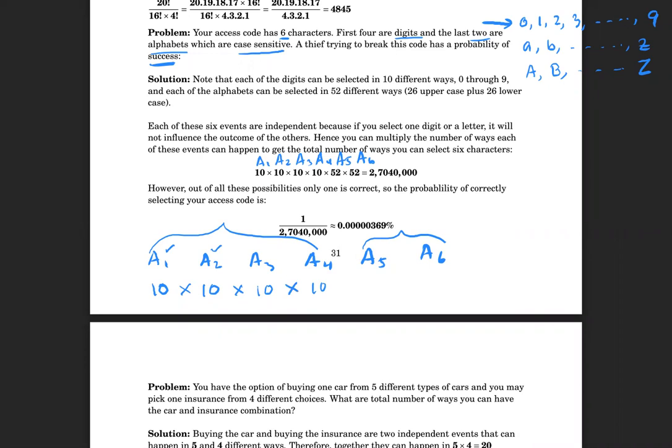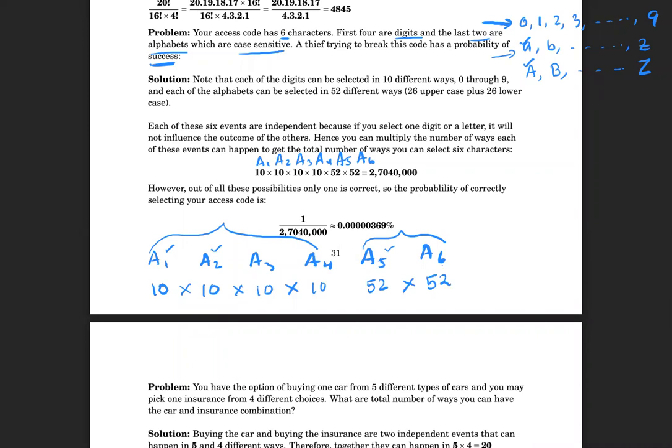Now, how many ways can event A5 happen? That means you select an alphabet, which is 26 for lowercase and 26 for uppercase. So 26 plus 26 is 52 different ways. Event A6 is also 52 different ways.